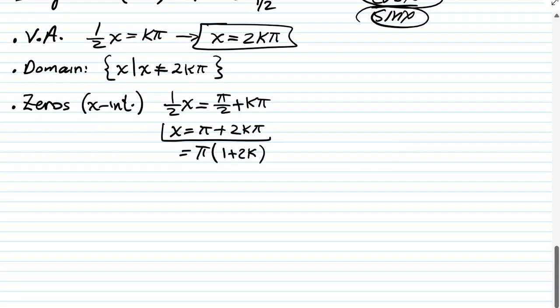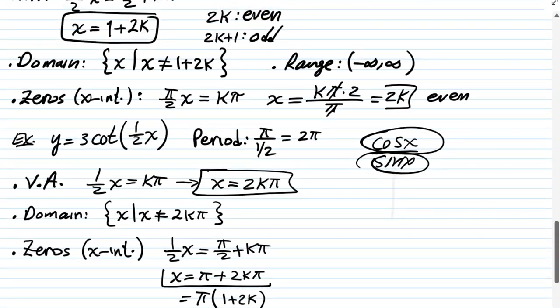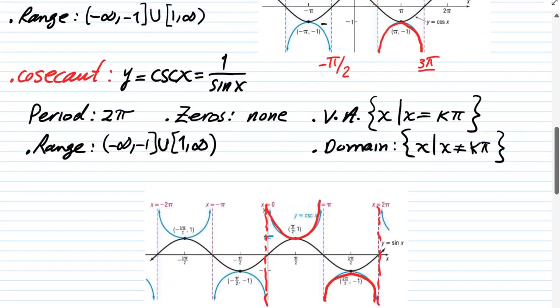And let's see, how about one cycle? Where is one cycle of this cotangent? So I'm going to set, again, the argument of my cotangent, which was 1/2 x, between 0 and pi, because that's where one cycle of cotangent was, right?